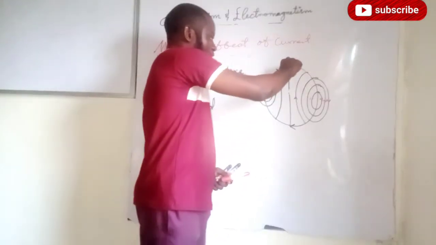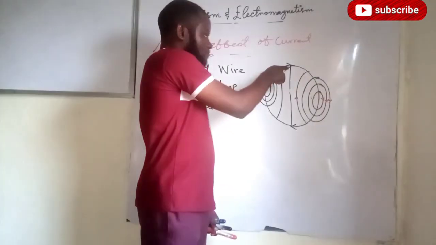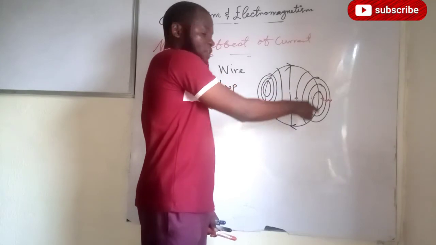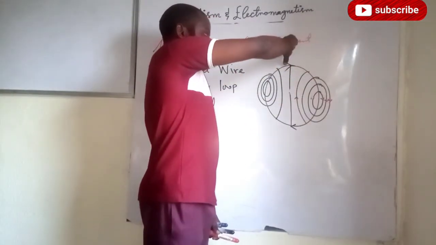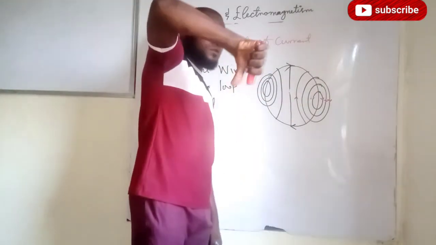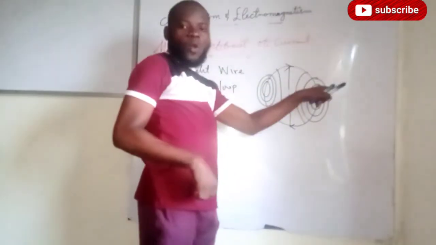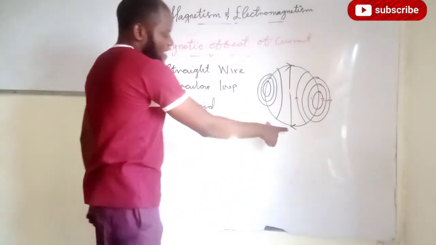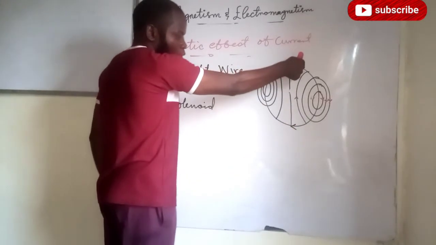So this is the wire here. Then this is the direction of the current. If you assume that this is a straight wire, you see that this direction of current is pointing downward. Using the thumb rule, you see that the direction of the field is going to be clockwise. But by the time you get to this place, you see that the current is now flowing upward.